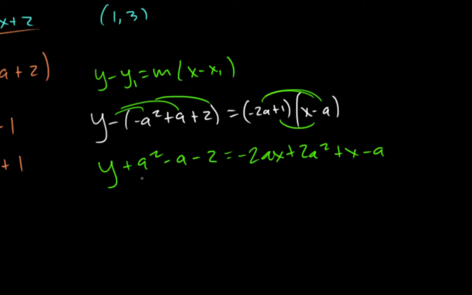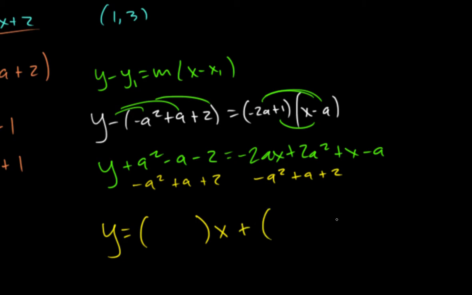Let's get everything onto one side except for the y. So what we're going to do is just look at our slope and y-intercept essentially. Anything that has an x, I'm going to put here.